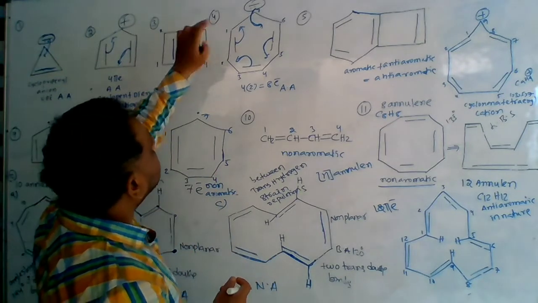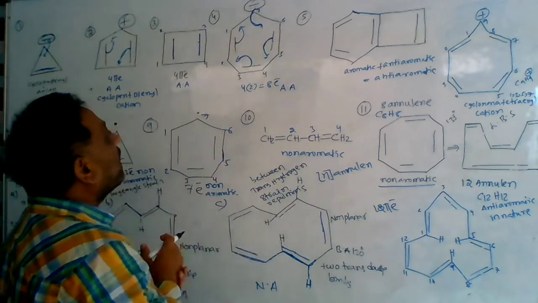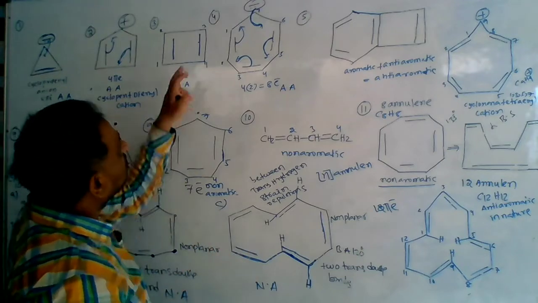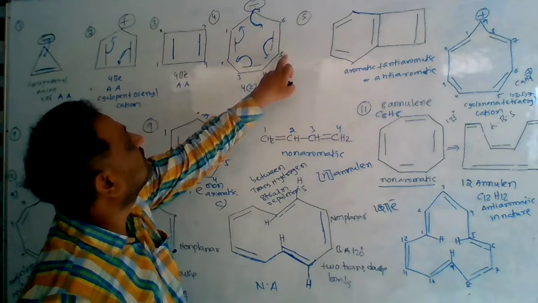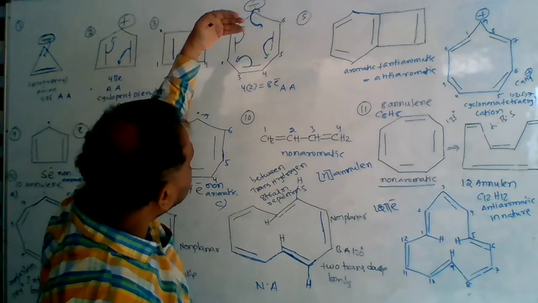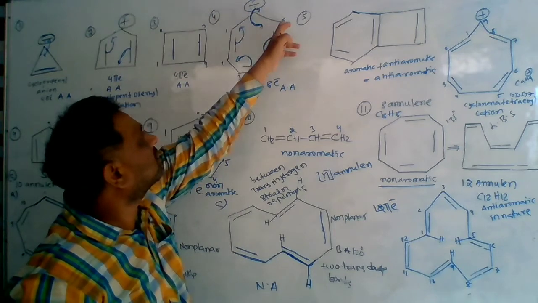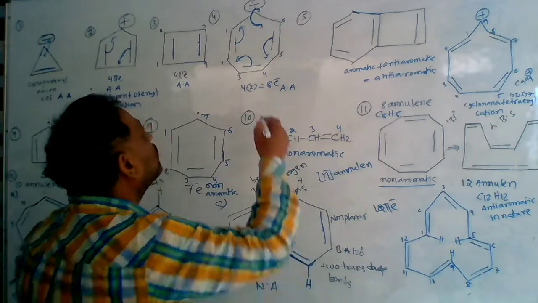And the fourth example is cycloheptatrienyl anion, 1, 3, 5. Cyclic hydrocarbon, and all carbon atoms undergo sp2 hybridization, planar molecule.